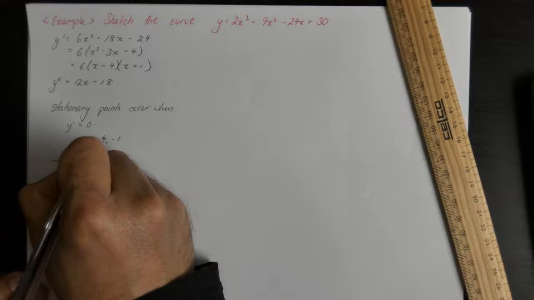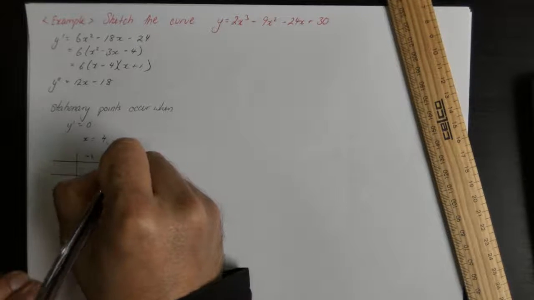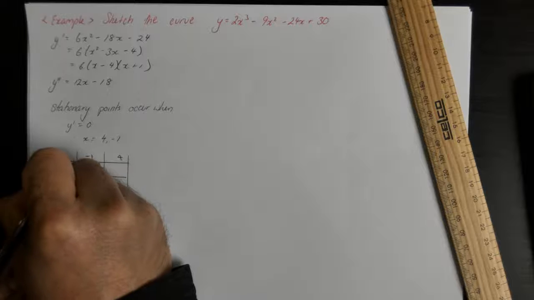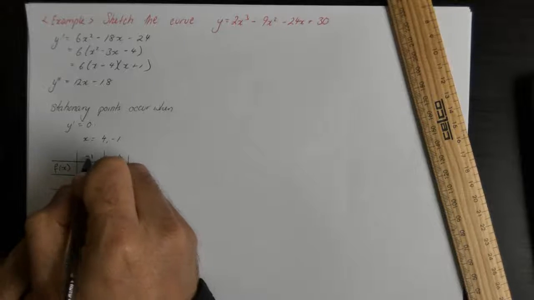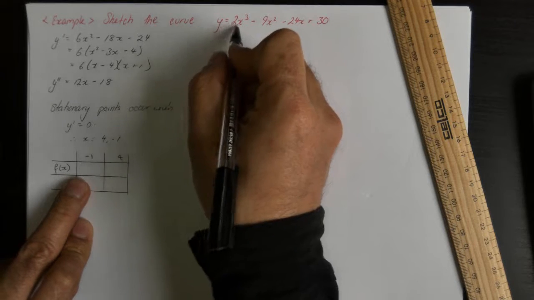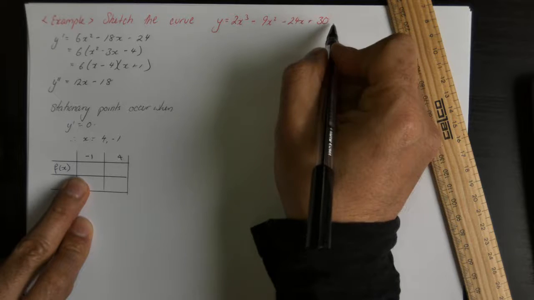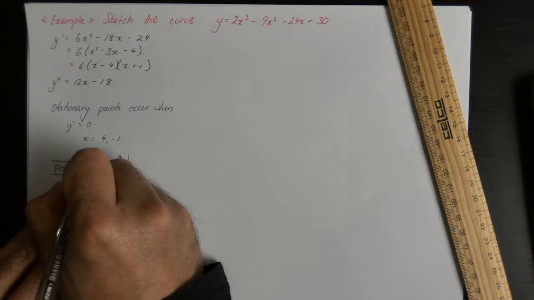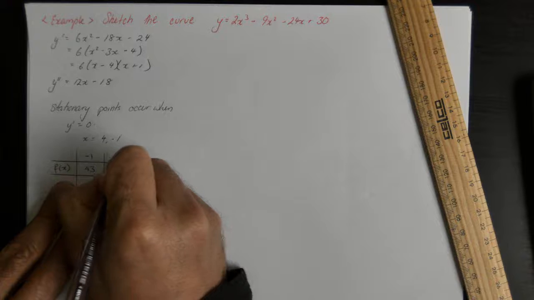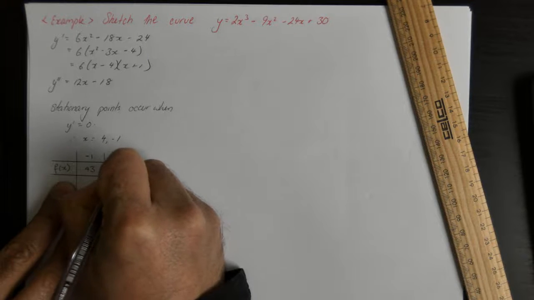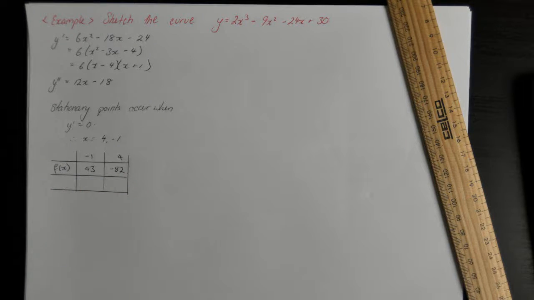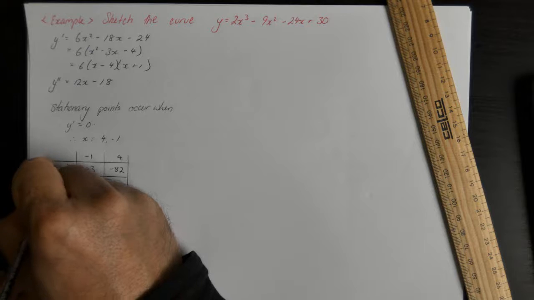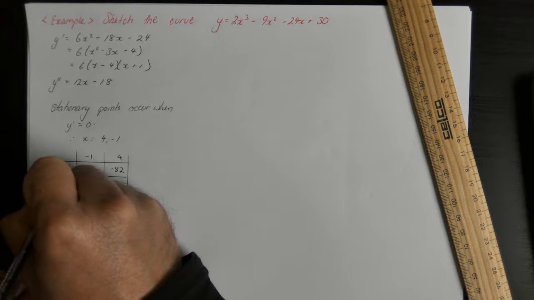I'm going to need to know what y equals at these points, so by plugging them back into here, when x is negative 1, I get 43, and when it's 4, I get negative 82. I want to figure out the concavity.